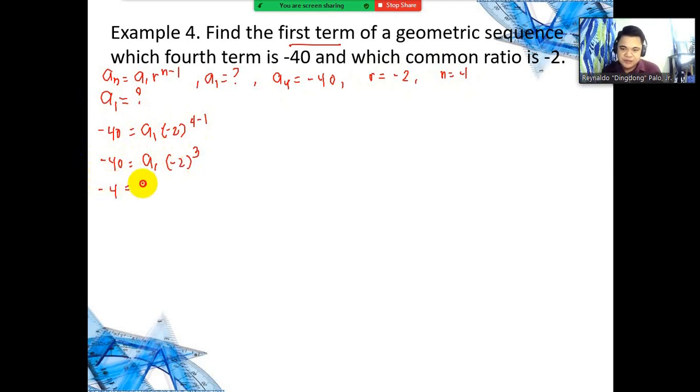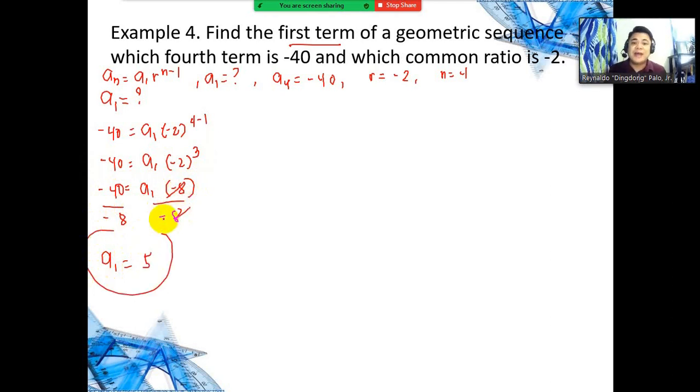Then let us simplify that. Negative 2 cubed, negative 2 times negative 2 times negative 2, is negative 8. And then we divide both sides by negative 8 to solve for a sub 1. Therefore, your a sub 1 is 5, because negative 40 divided by negative 8, negative divided by negative is positive, positive 5.